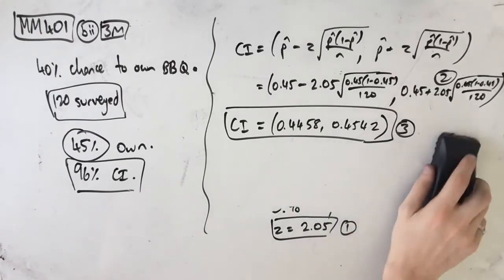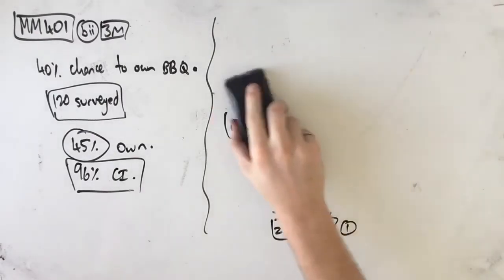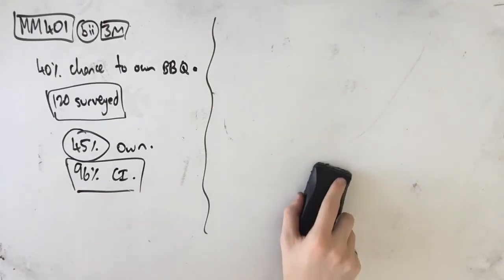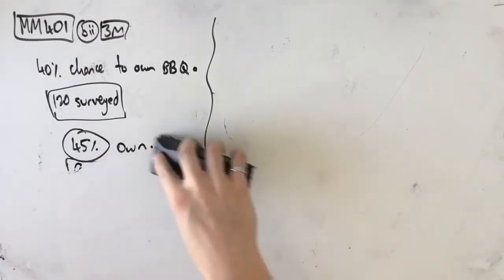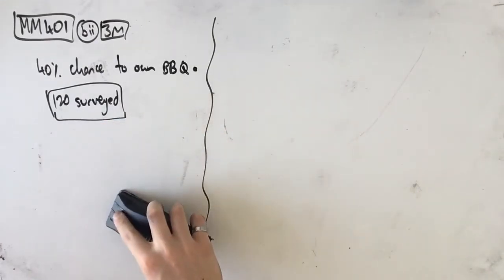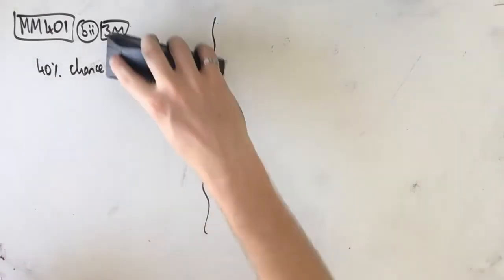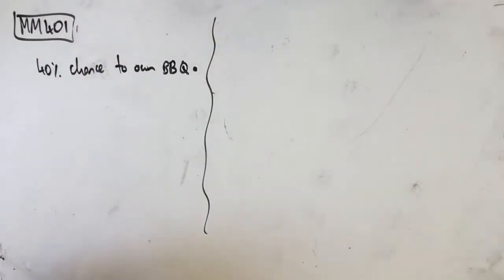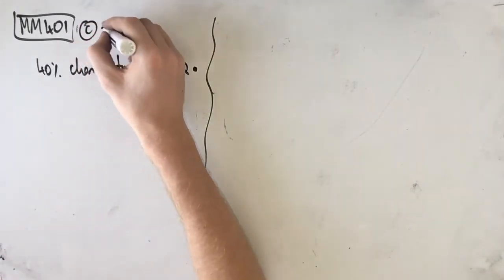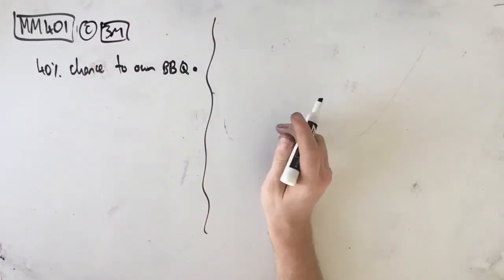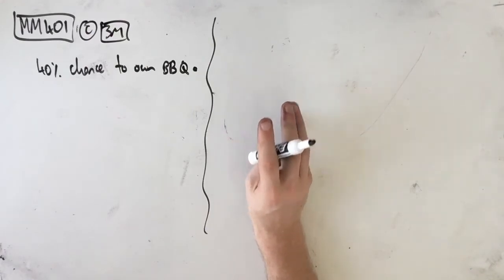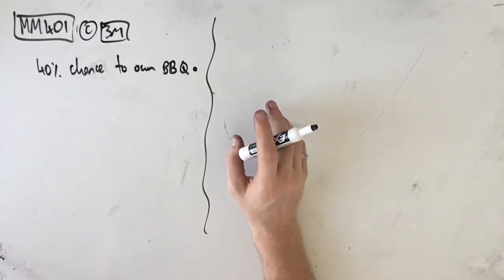Part C is kind of along the same vein with confidence intervals. I shouldn't have rubbed that out. That's all right. Let's get rid of this, and also let's get rid of this. So, part C is a 3-mark question again. We're saying the store conducts a different survey to find out the proportion of households in the town that own a fire pit.